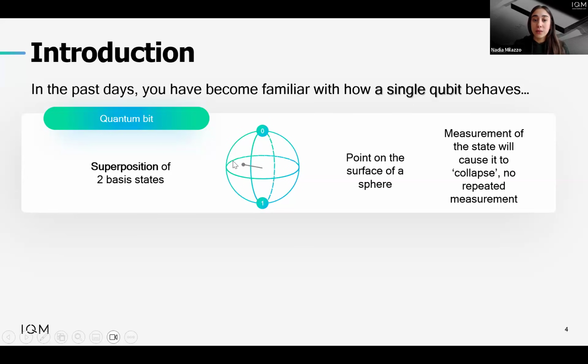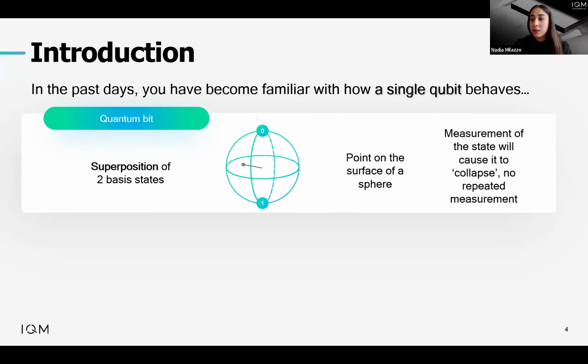So this vector and the point on the sphere represent the state of the qubit. And you can measure this qubit to know in which state it is. But if you have prepared it in a superposition, you know also that the outcome will always be 0 or 1 with a certain probability. And this is what we call the collapse of the state of the qubit, of the quantum system in general.